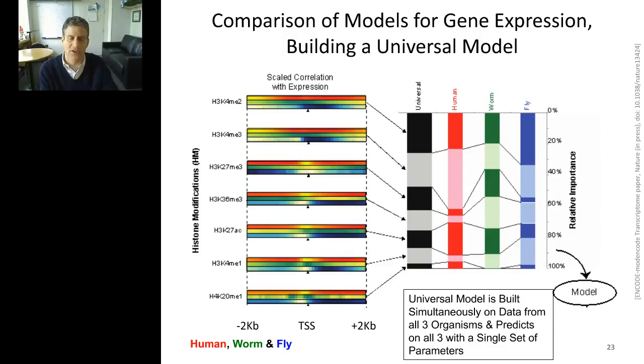Removing artifactual regions of the genome, mapping the reads correctly to the genome, dealing with mismapping or multi-mapping reads, and so forth, and getting a very pure and nice, well-normalized signal. And those signals are what then fed into my model. So this is a very downstream or derivative talk, in a sense removed from a lot of the hard and complicated work that goes with building these data sets. But of course, that's the point of building these wonderful resources like the ENCODE and modENCODE resources, where all that work is done and you can use the processed data.